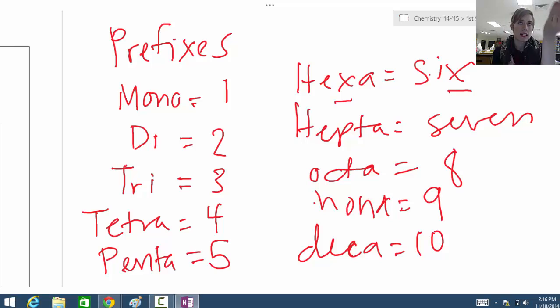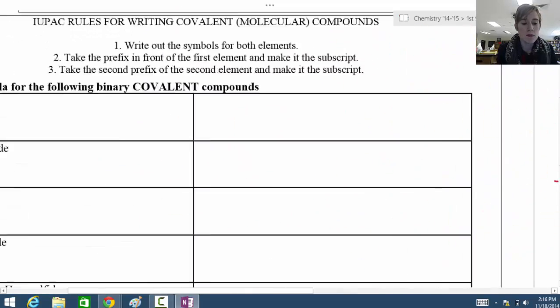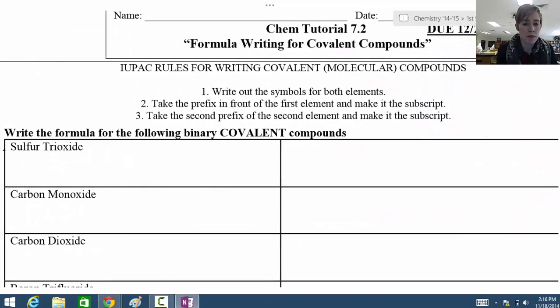The way I remember hexa and 6 is that they both have an X in them. Octa is 8, nona is 9, and deca is 10. So now that you've written that down, let us move right along to our paper.